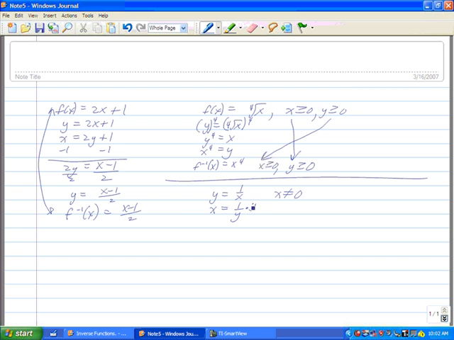Alright, multiply both sides by y to clear the fraction, and you get y times x equaling 1. Divide off the x, get that y equals 1 over x. So the f inverse function is 1 over x, and same restriction, can't have x equal to 0.